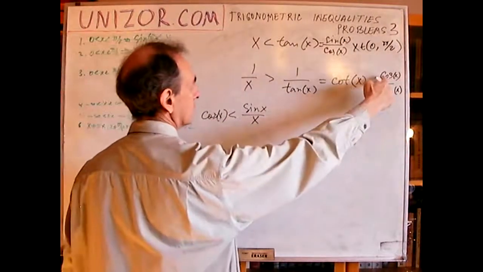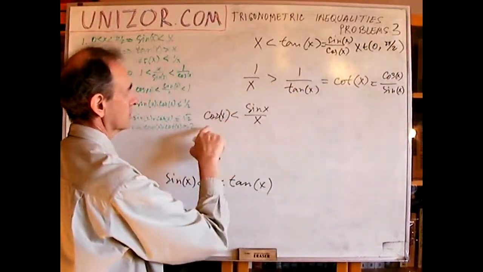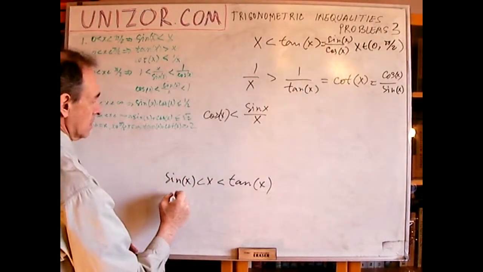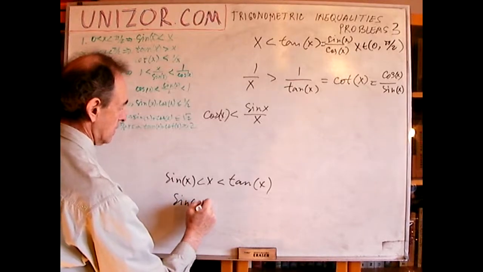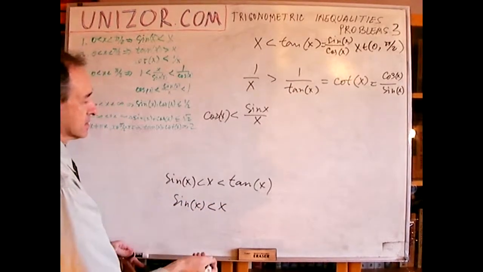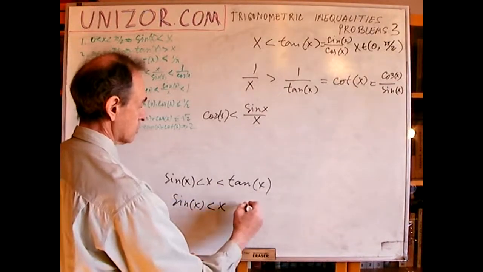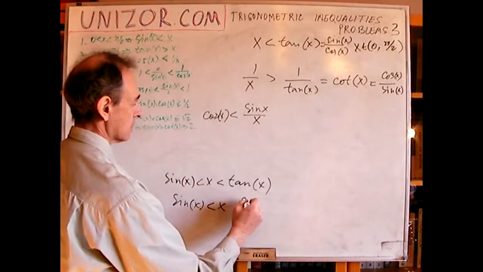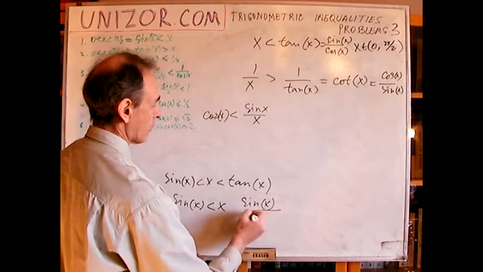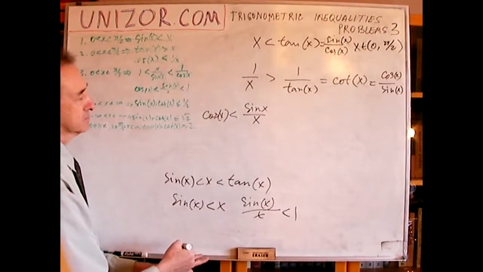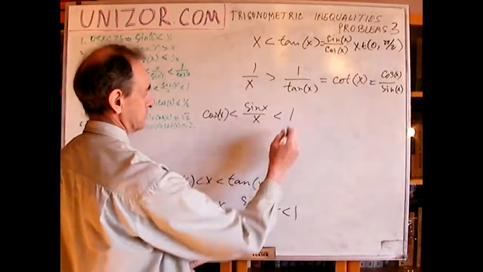So cosine is smaller, so I put it on the left. Now at the same time, since sine of x is less than x, let's divide it by x, and since x is positive, nothing is changing as far as the inequality is concerned. So sine of x over x is less than 1, right? If I divide it by x. So I have this.